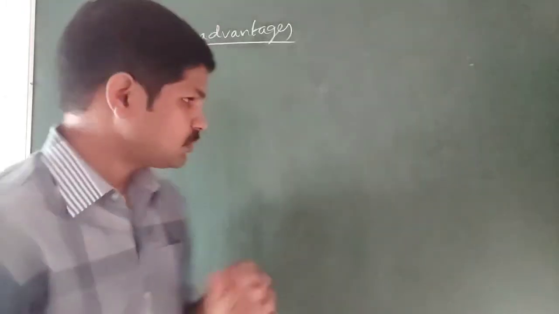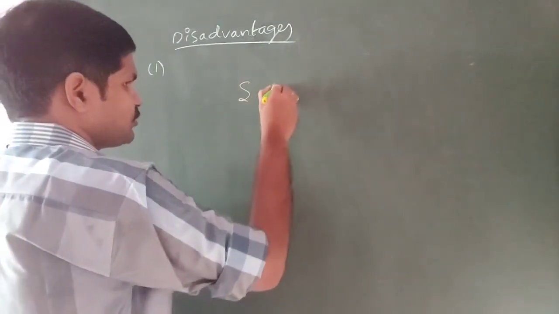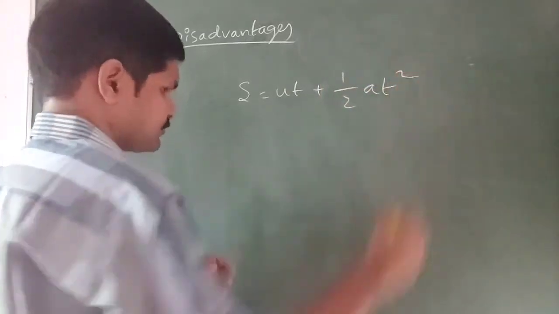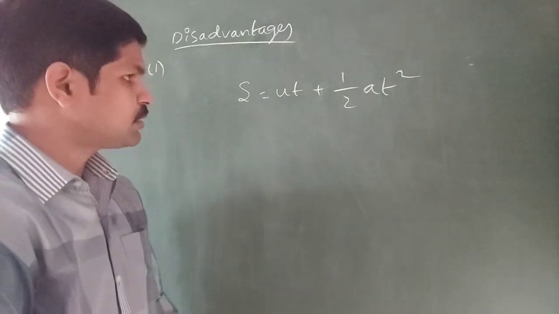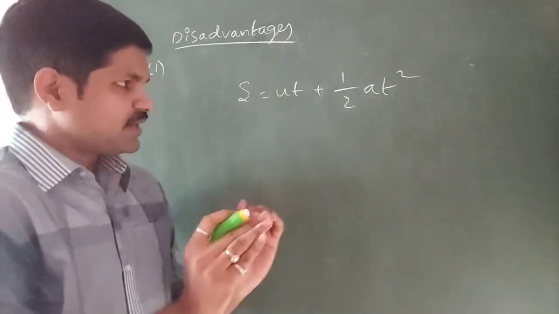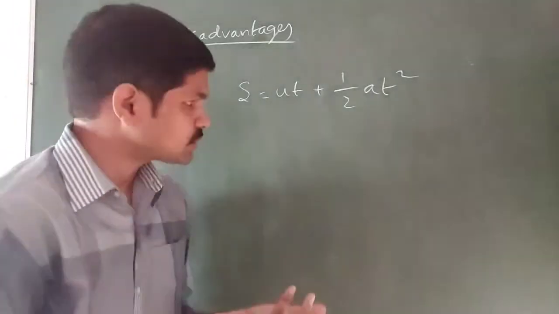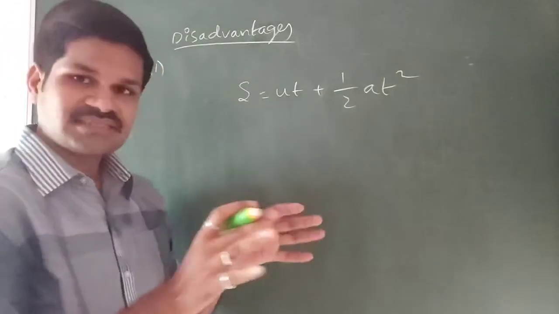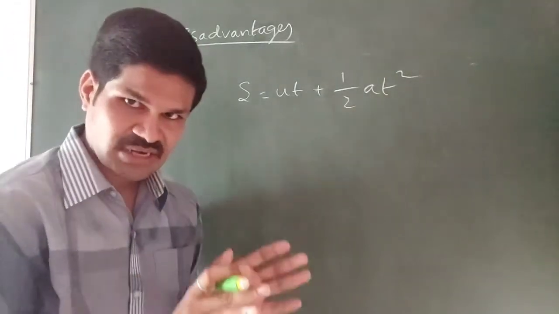Secondly, let us take an example for this. S is equal to ut plus half at square. This was an equation related to the equations of motion. Here, if a particular physical relation has either a product or a division, we can easily derive that relation using dimensional analysis.